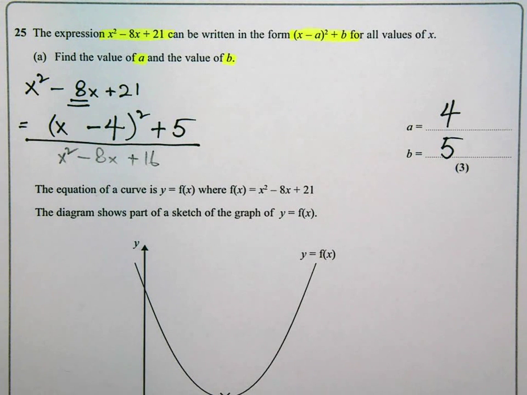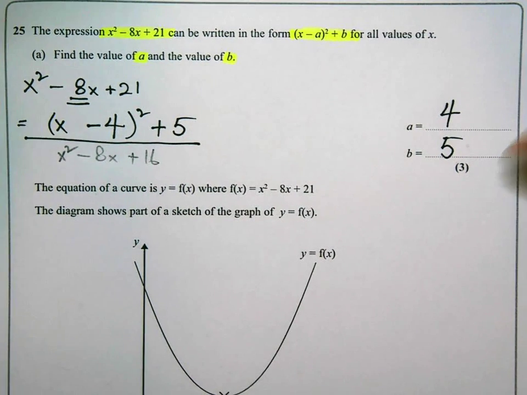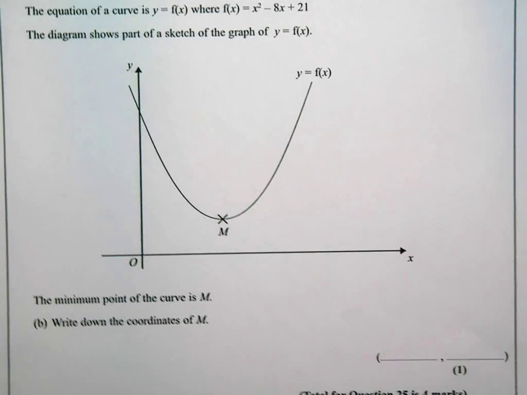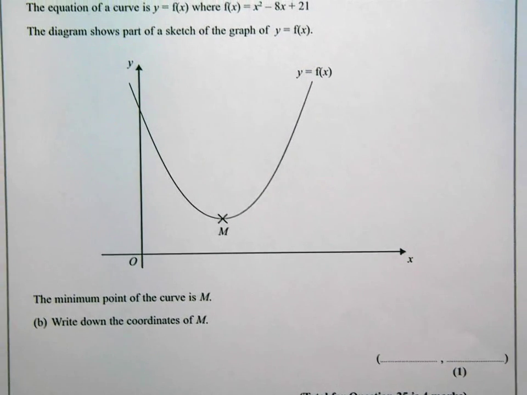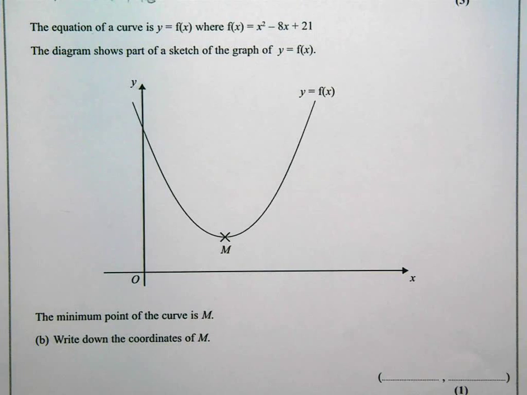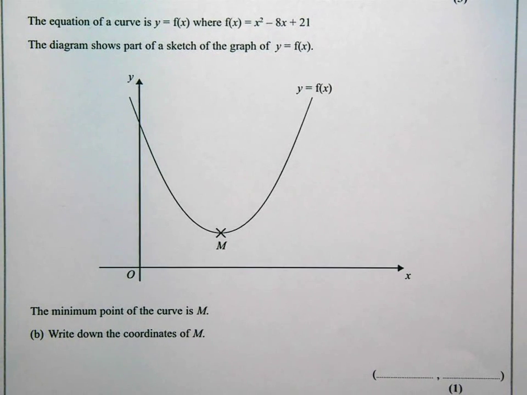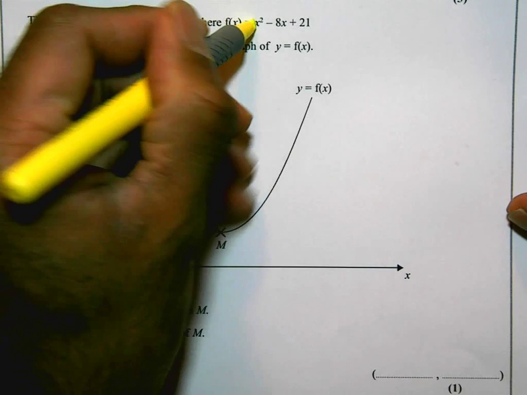Going on to the second part, or carrying on from the rest of the question. All right, so let's just look at this. It says the equation of a curve is y is equal to f of x, where f of x is equal to x squared minus 8x plus 21.